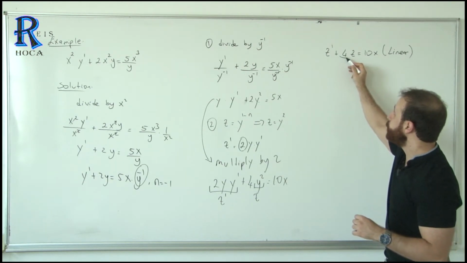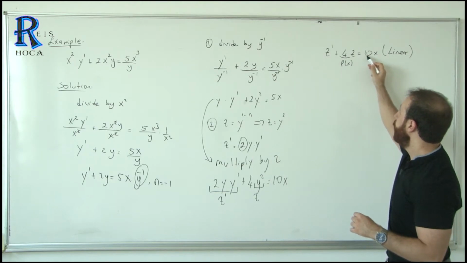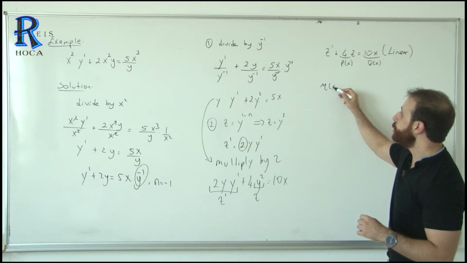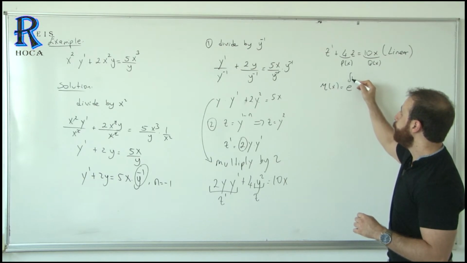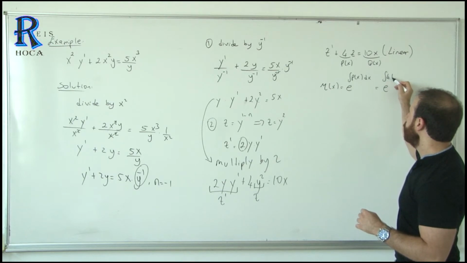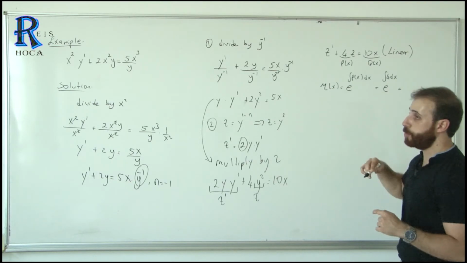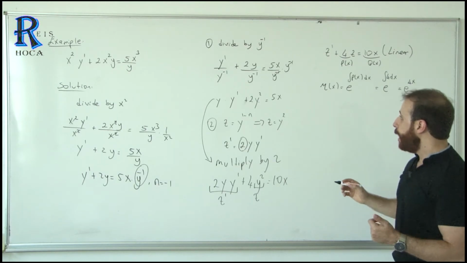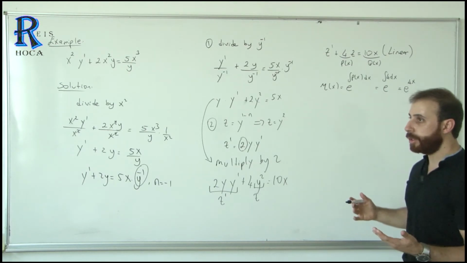So what is p of x? p of x is the coefficient of z, and q of x is the function that we have on the right side. What's the integrating factor? Exponential of the integral of p of x dx, exponential of 4 dx, because p of x is 4, so e to the 4x. And let's obtain the last result.